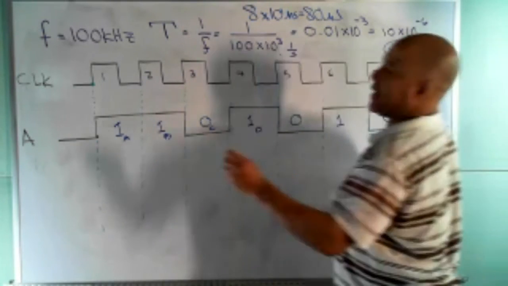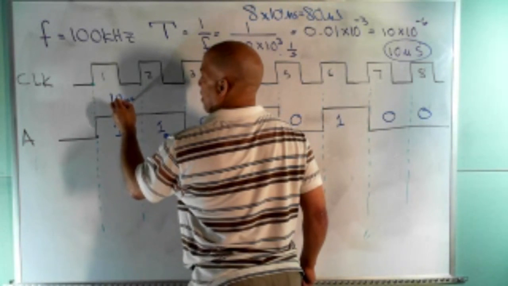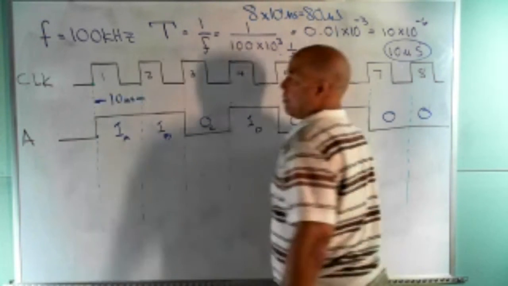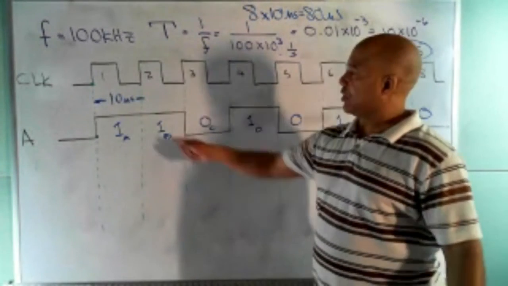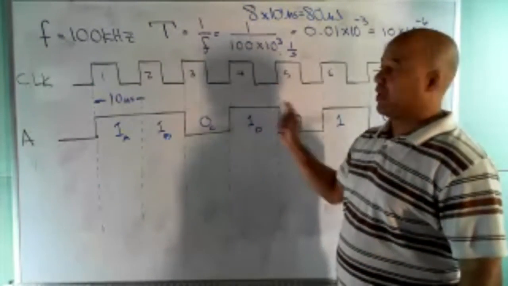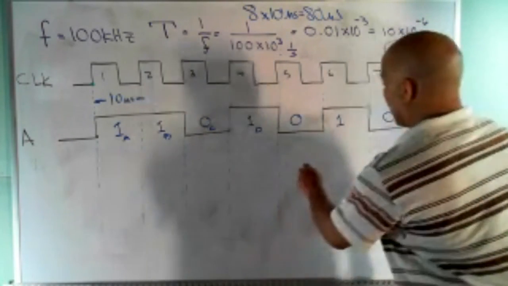So 1 bit time is 10 microseconds. I've got 8 bits, so it's going to be 8 times 10, 80 microseconds if they're in serial in, serial out, right? But in parallel, what I have is this.